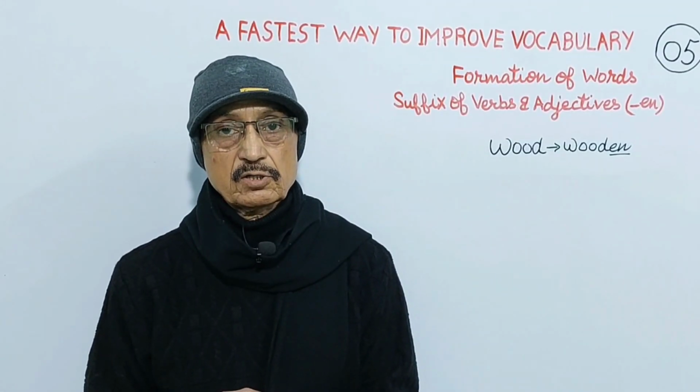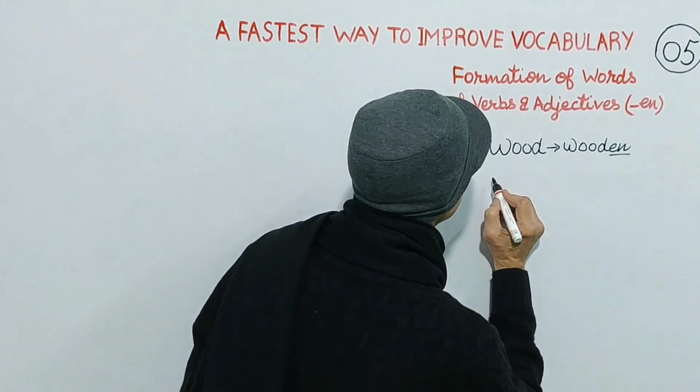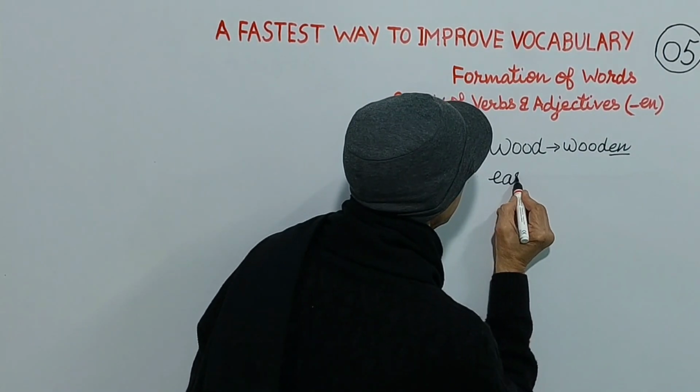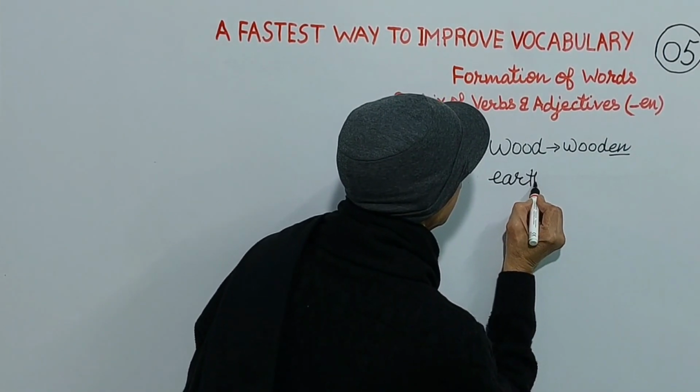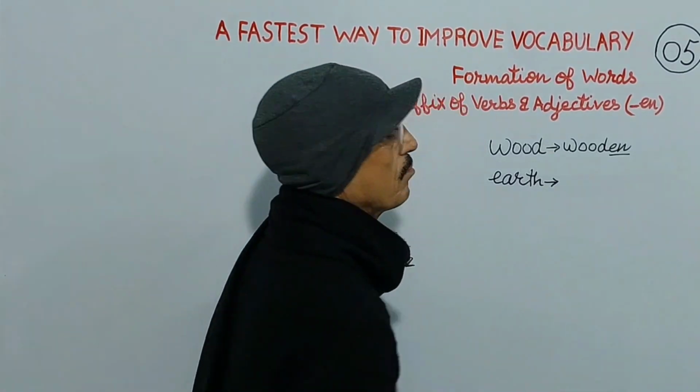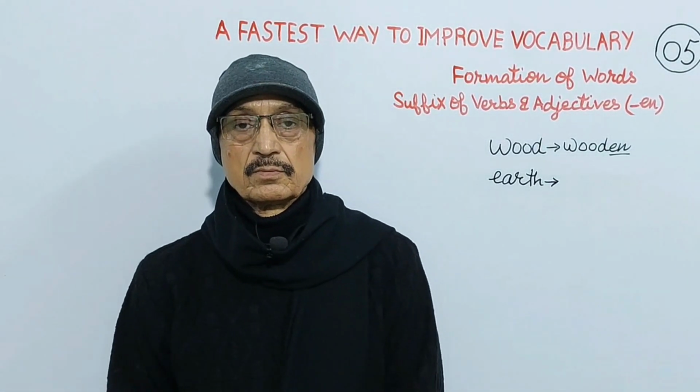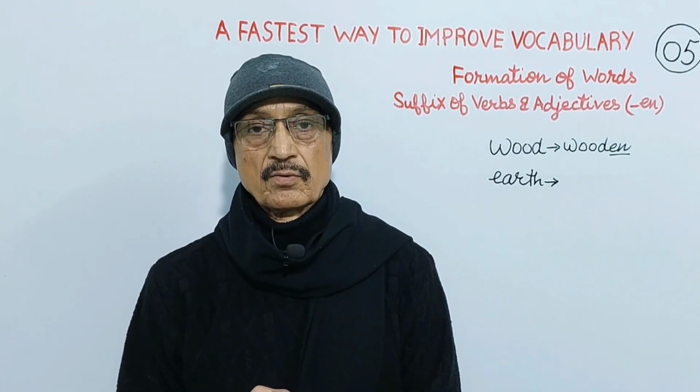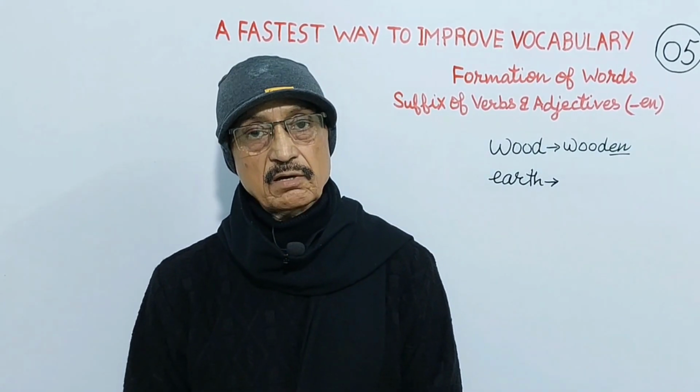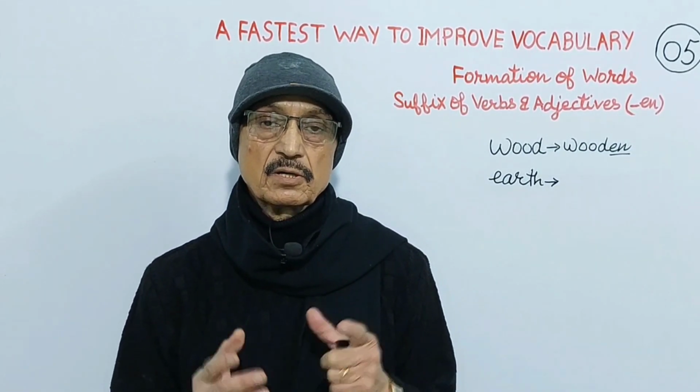Next is earth. Earth. This is a noun. When we add suffix en after it, it becomes earthen.